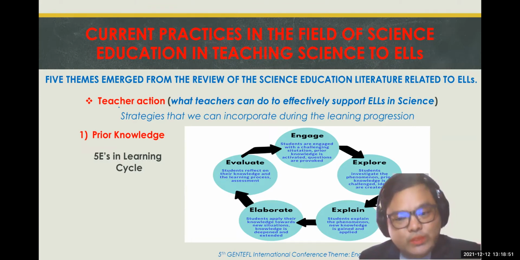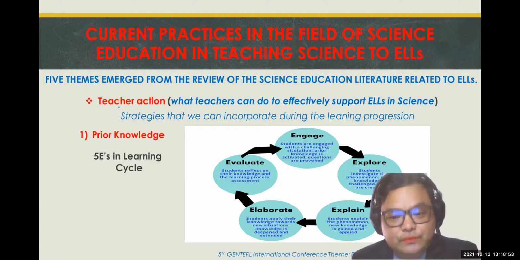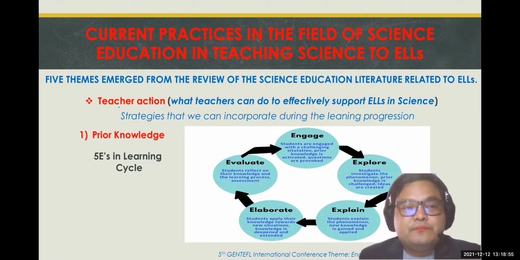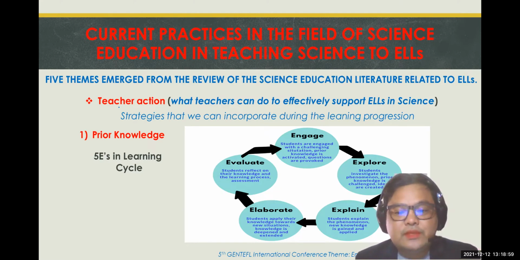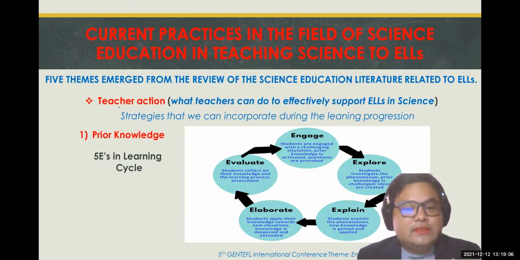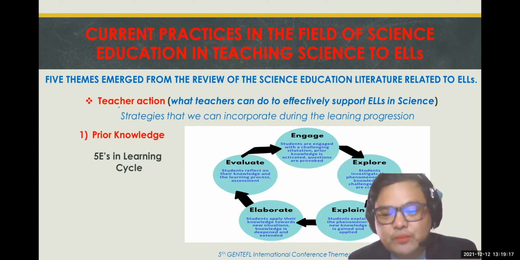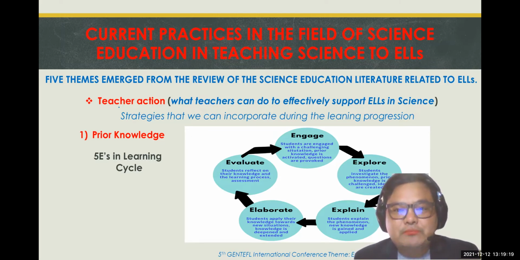After we engage them, we let them explore and find the answer. The phenomenon: what are the prior knowledge or challenging ideas that are created? The third one is explain. Let our students explain what is happening, what are those natural phenomena, based on the lesson. And then we elaborate.